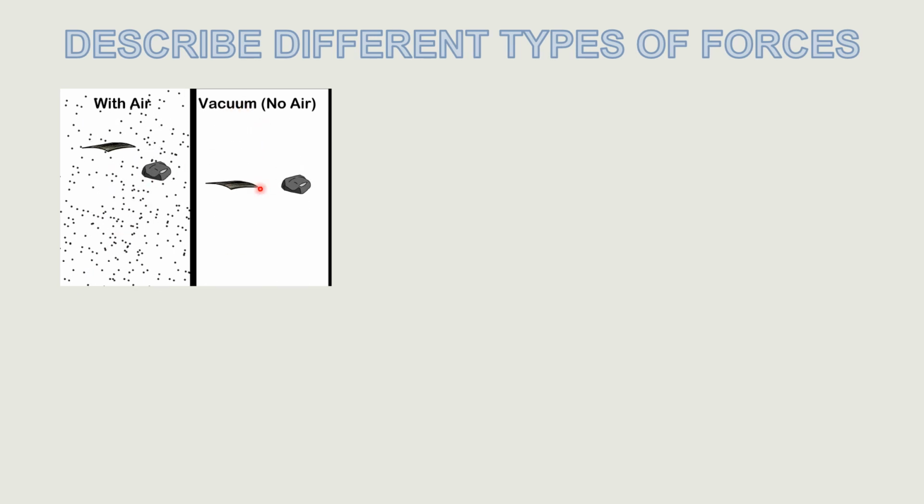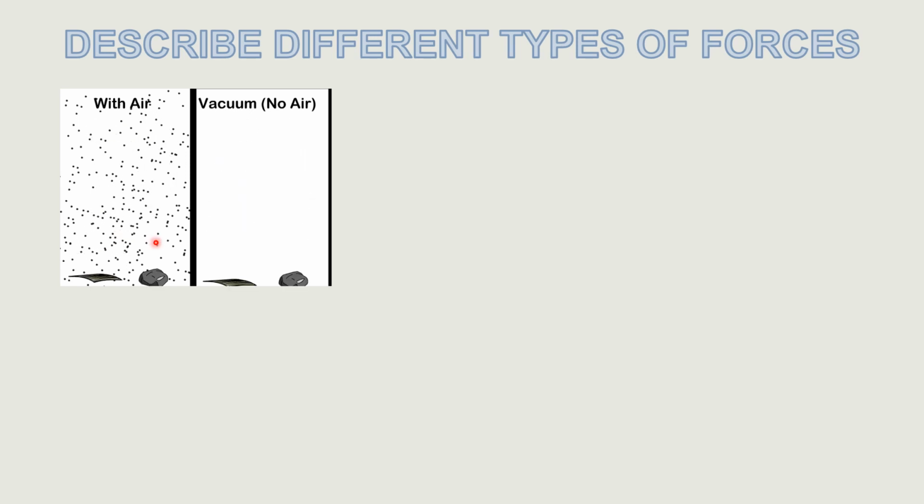What you can observe is that in a vacuum, the paper and rock will fall at the same time, while where there is air, the rock will be much faster than the paper. So basically what we are talking about here is that air is causing a different speed or different motion in how the paper or rock will move down.